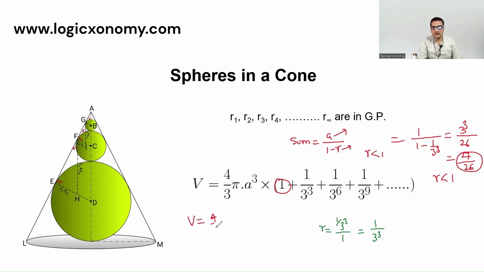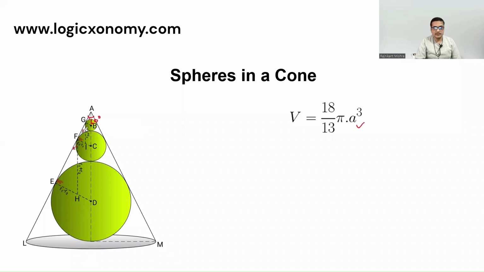V is equal to 4 by 3 pi A cube into 27 by 26. 3, 27, 9, 2, 13. The final result is 9 into 2 is equal to 18 by 13 pi A cube.